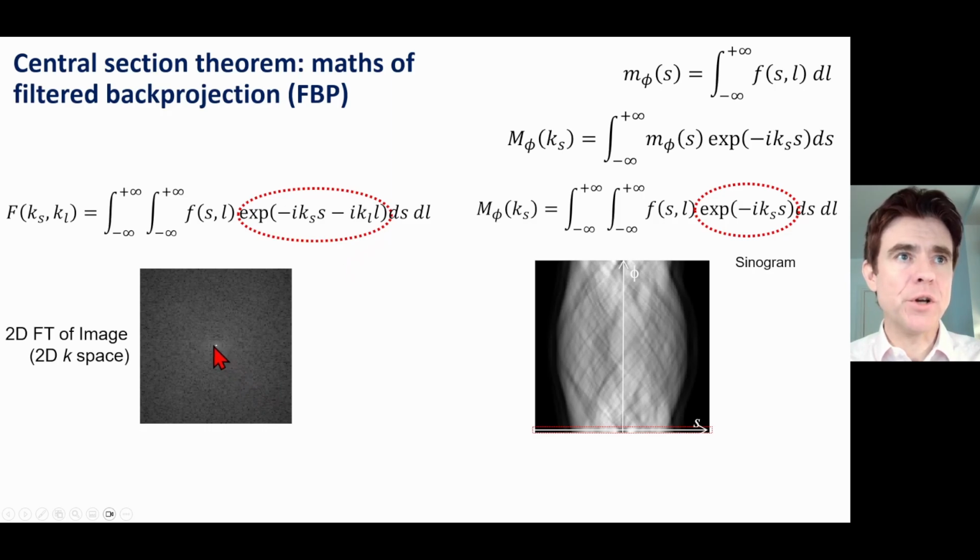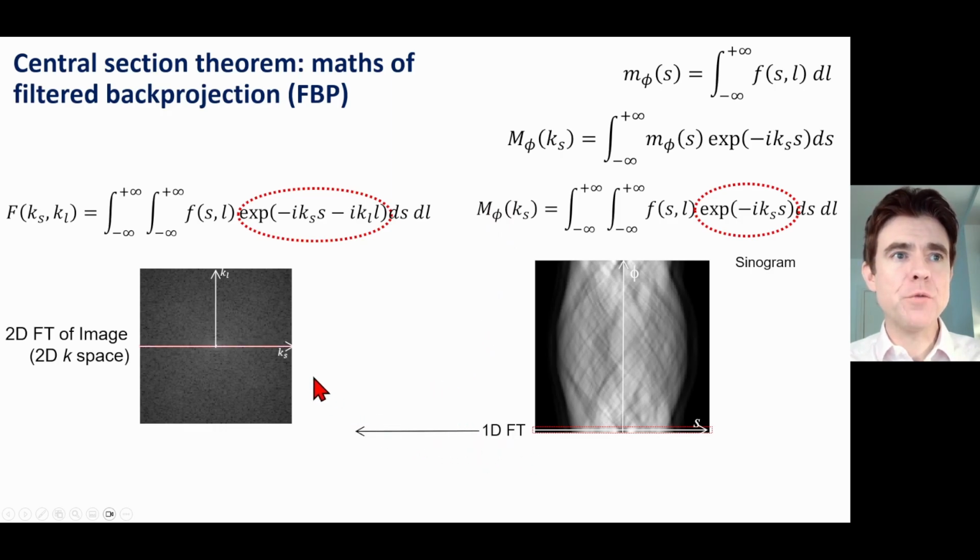So we have, if you like, the k_s axis here. Remember, we've been dealing with the x,y coordinate system and then rotating it to get s,L. Well, likewise here in k-space, we have k_x, k_y, and then if we rotate it, we'd have k_s and k_L.